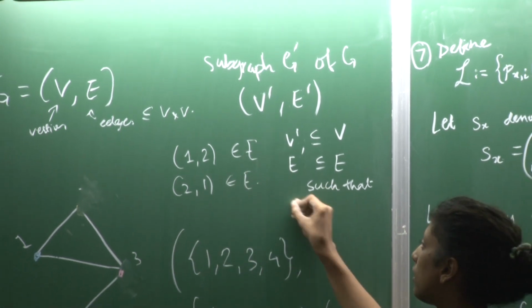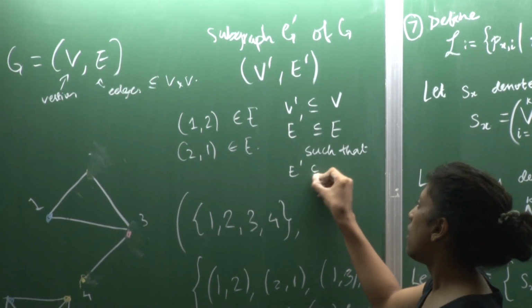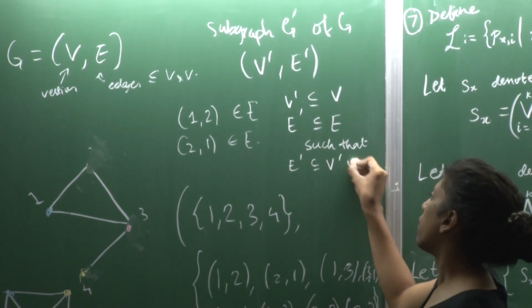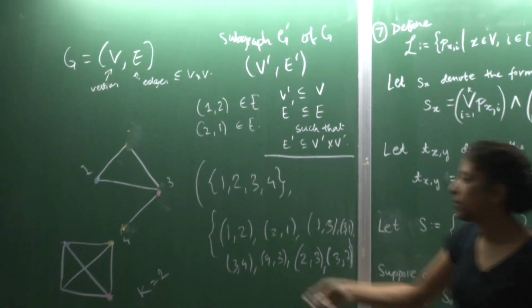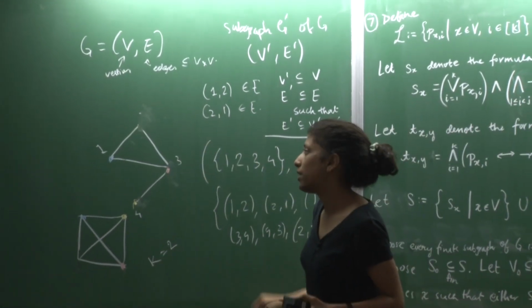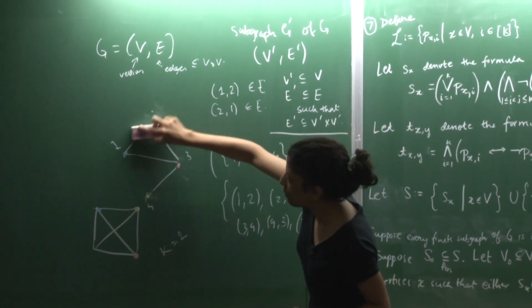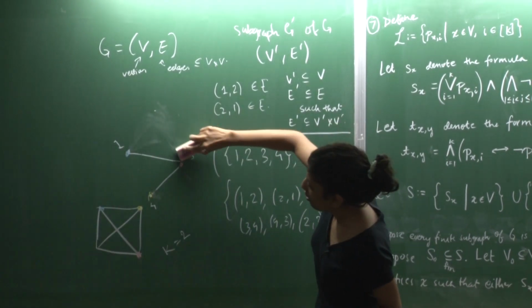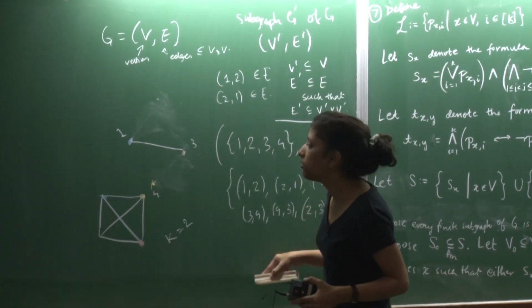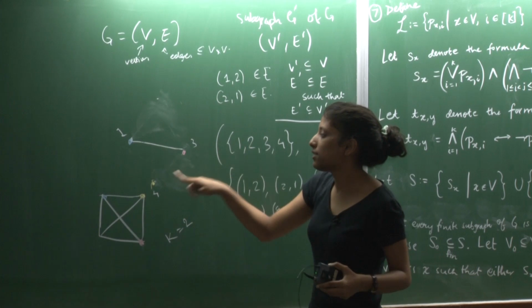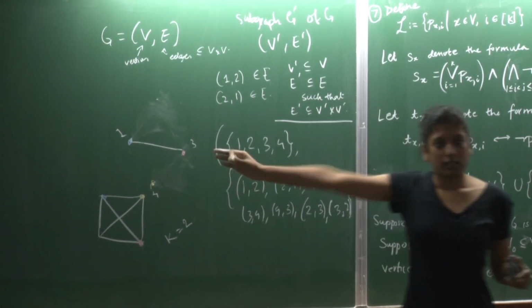So E dash is also a subset of V dash cross V dash. So then this would be a valid graph, right? So in this case, if I wanted to remove this vertex 2, then I would also have to remove the associated edges. And maybe I could also remove this edge if I wanted. Then I would be left with 3 vertices and 1 edge. So this is a valid graph.